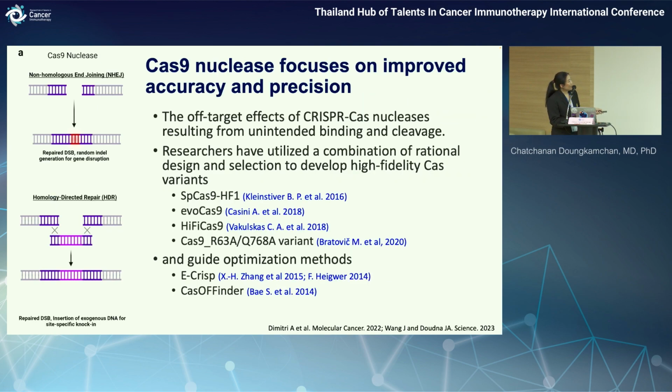So what is the further modification of the first version? As everyone might have known, there are off-target effects of CRISPR-Cas9 nucleases resulting from unintended binding and cleavage. So researchers have been trying to utilize a combination of rational design and selection to develop high-fidelity Cas variants. There are so many that you can buy now.